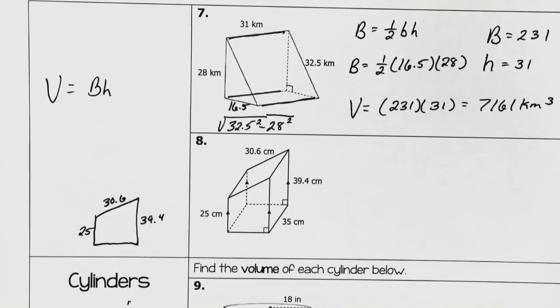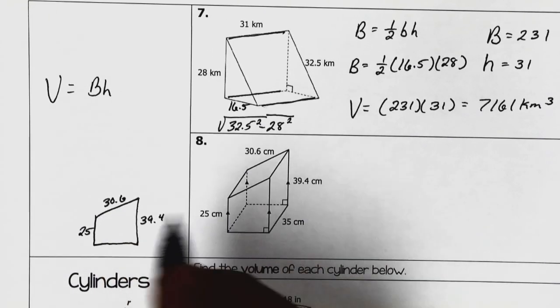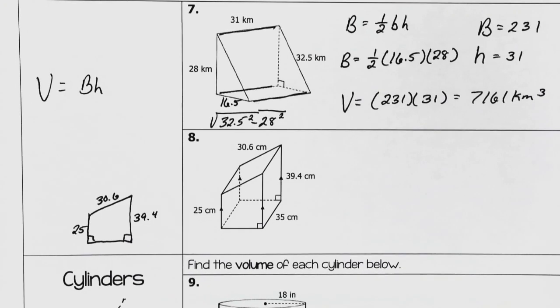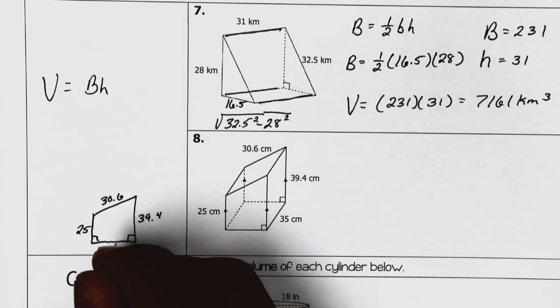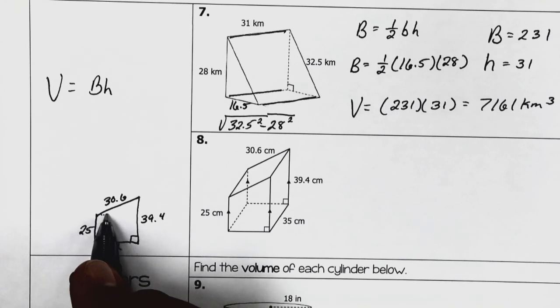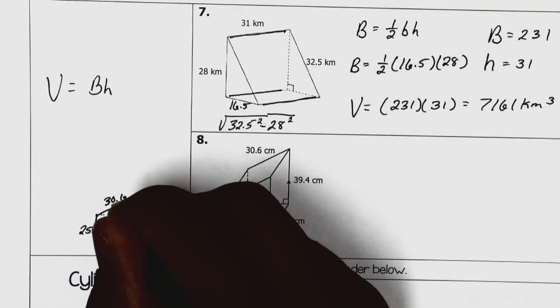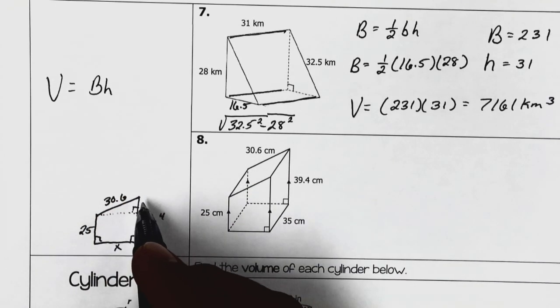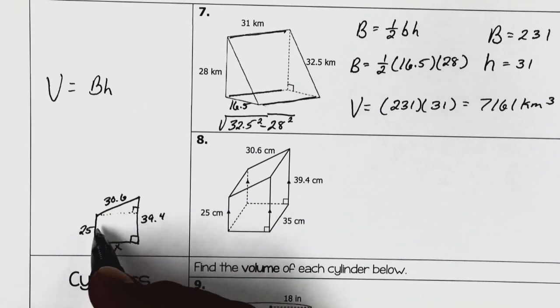All right, so now what I don't have is the height, which is where the right angles meet. So, let's call that x. So what I need to do again, kind of did this back when we did the trapezoids, I kind of have to create this line right here, and what it does is it creates a right triangle right here. So I need to get this distance right here, this little sliver right here. So now this part is 25.